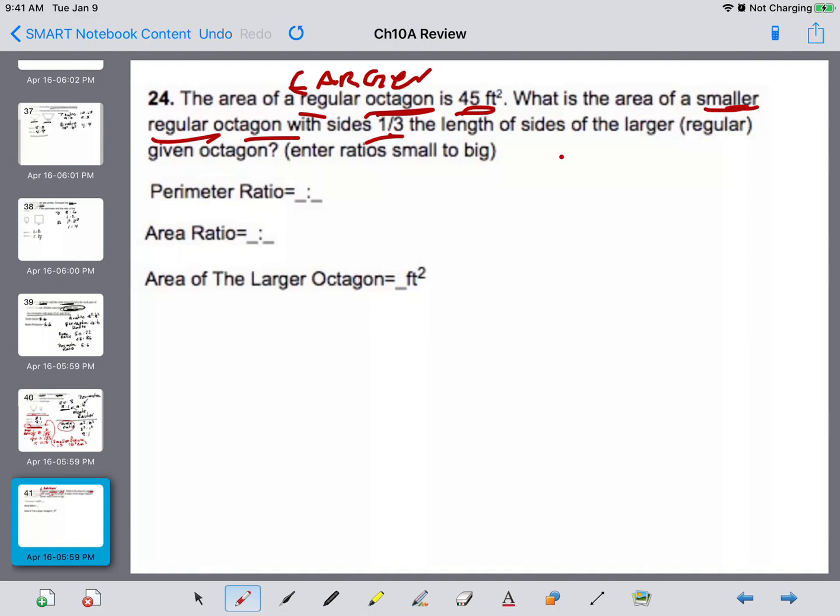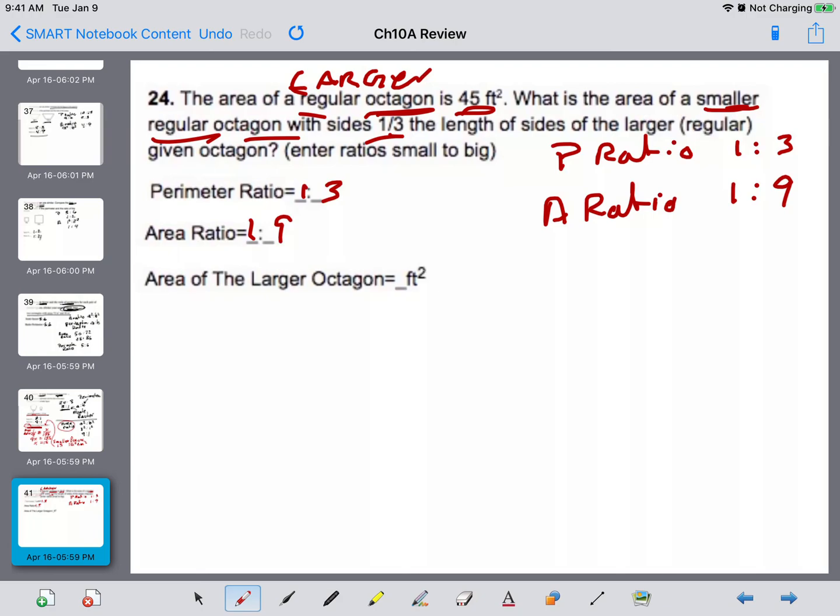Notice what this is: my perimeter ratio is 1 to 3. See how tricky that was? So my area ratio is 1 to 9. Remember, that's the perimeter ratio squared.